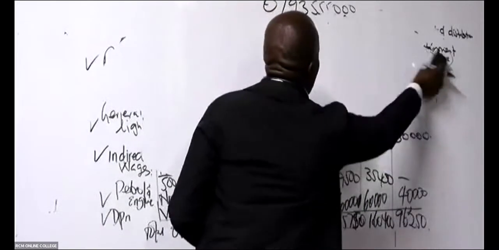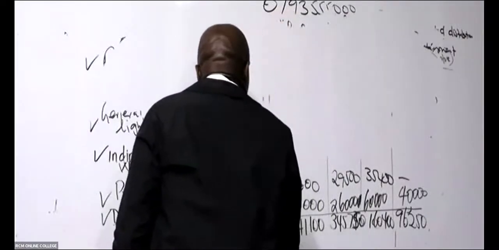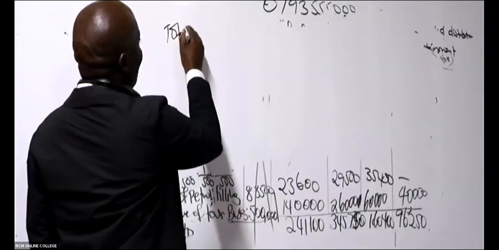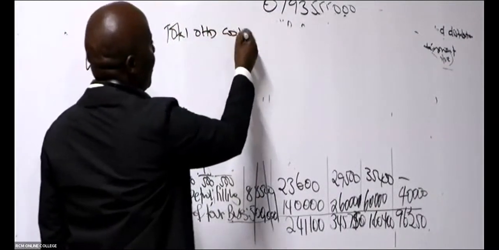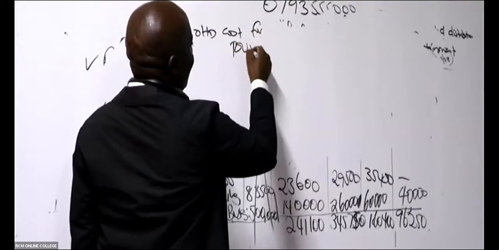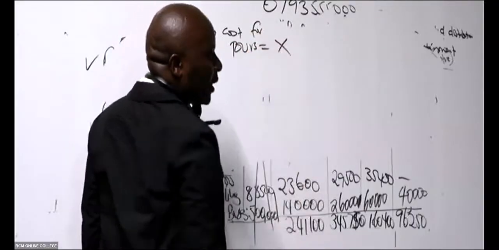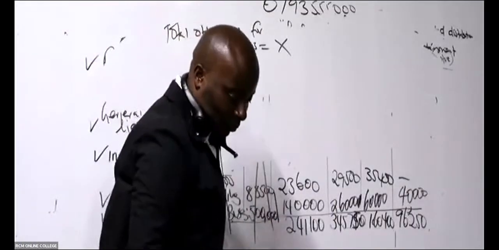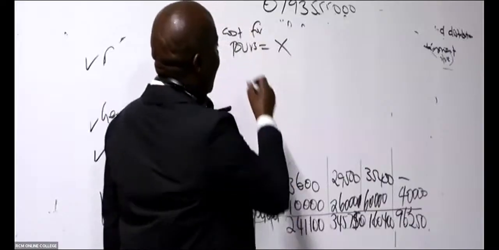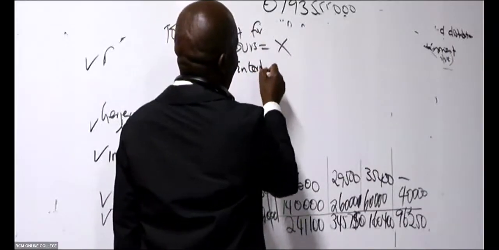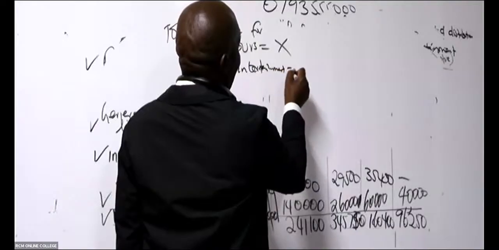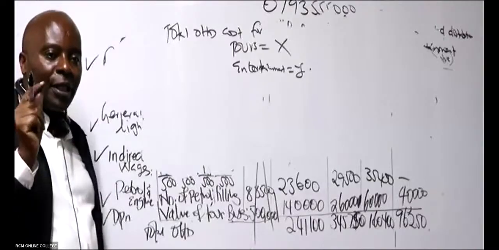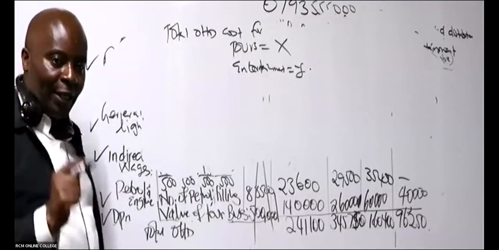The most important thing is for you to remember: let total overhead cost for tours be X in this case, right? And then the other one, entertainment, let it be Y. And then you remember the cost equation for a service center.